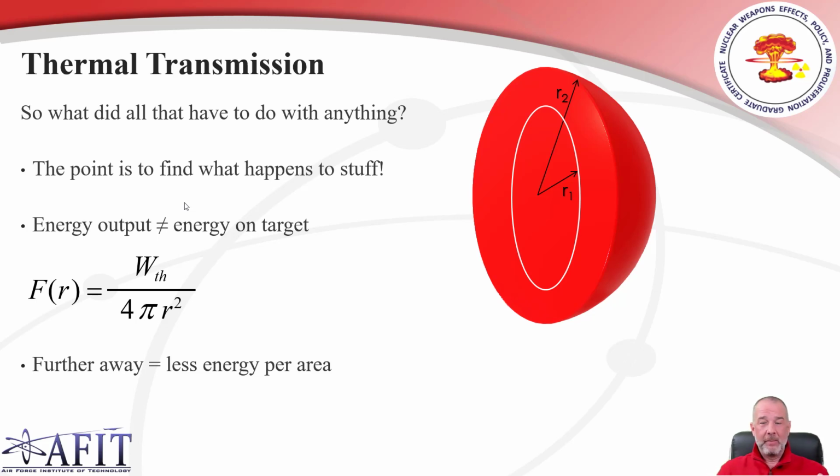So what does all that mean? Well, the expression I have right here is that the energy as a function of radius is going to be the output of the weapon divided by the surface area.